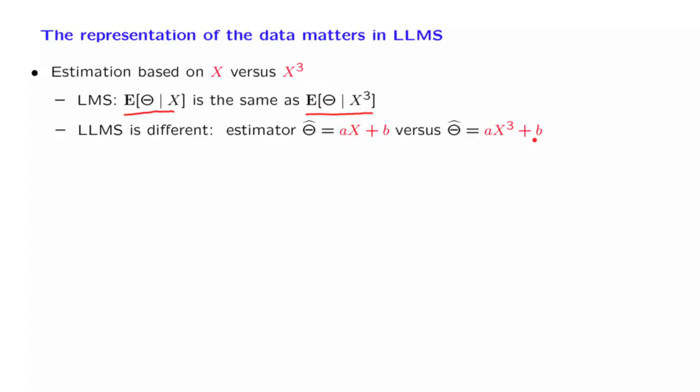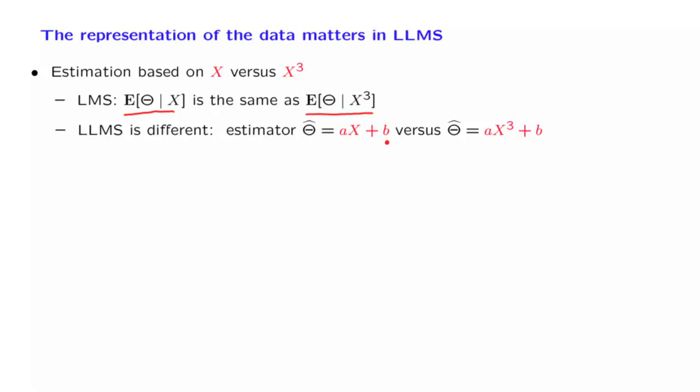Well, this depends on what you know about the particular problem at hand. If you have some reason to believe, or if you know that theta and x are roughly related by some kind of cubic relation, then perhaps estimators in this class are going to perform better than estimators in that class.